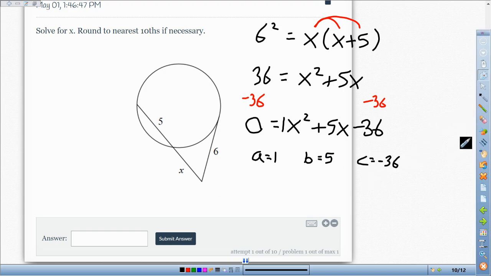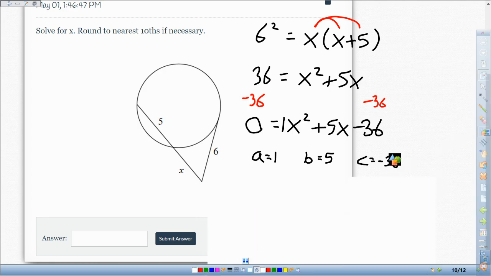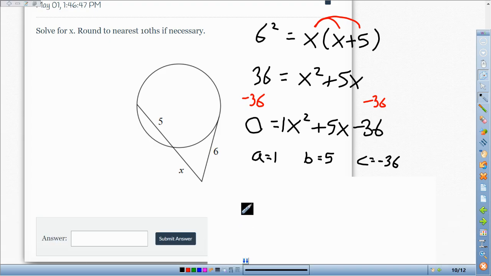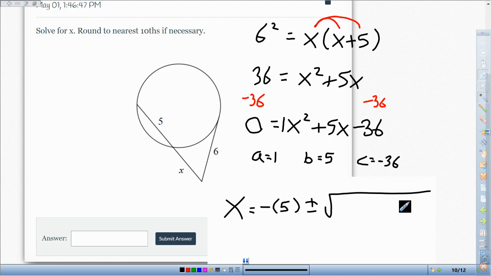Okay, cool. So from here, now we can start plugging this stuff into the quadratic formula. All right, here it is. Make sure you have this in your notes. Don't overcomplicate it. We're just going to get everything into its right spot. So x equals negative b. Our b value is 5, plus or minus the square root.